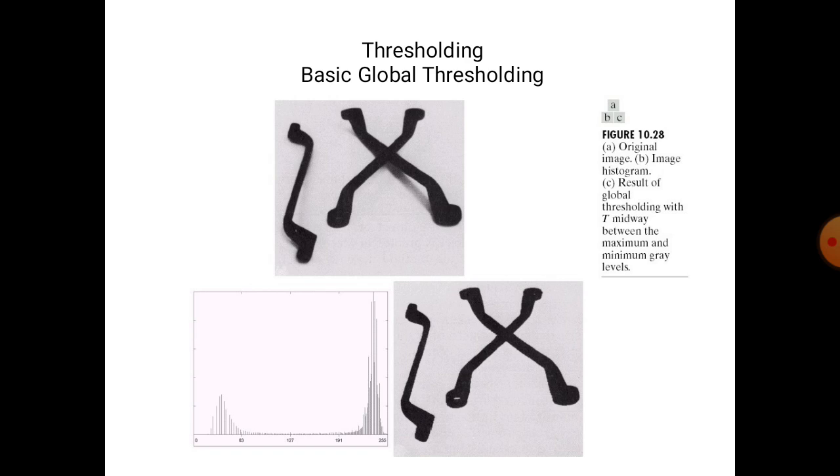In most applications there is usually enough variability between images that, even if global thresholding is a suitable approach, an algorithm capable of estimating automatically the threshold value for each image is required. Here we can see the original image and its histogram, and this is the result of global thresholding with T midway between the maximum and the minimum gray levels.